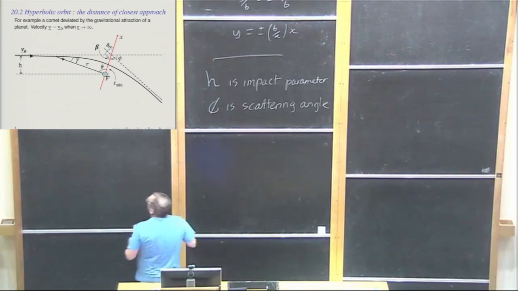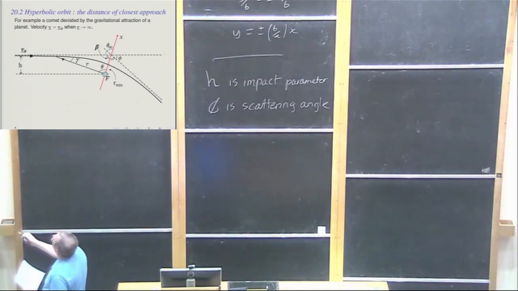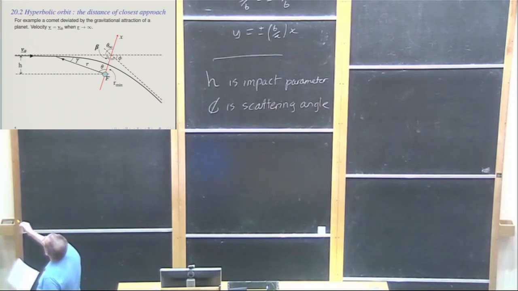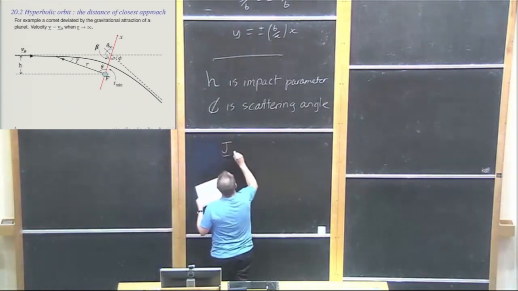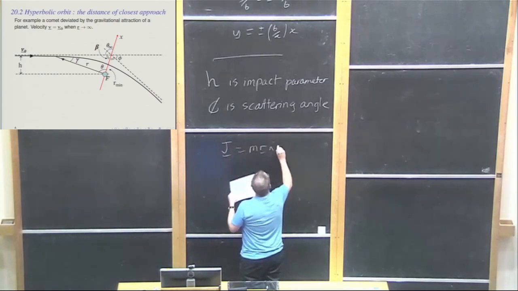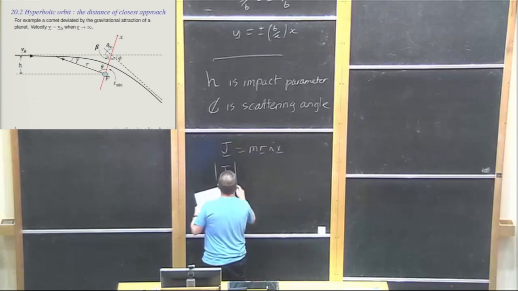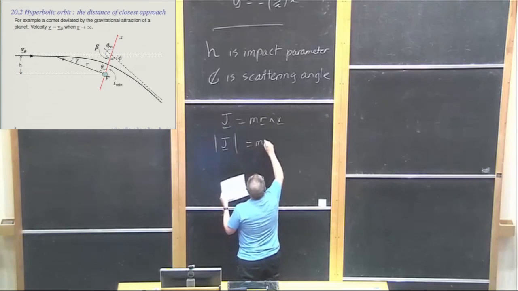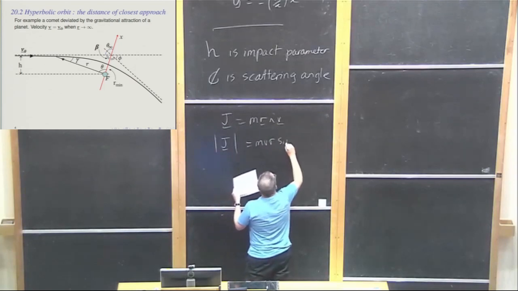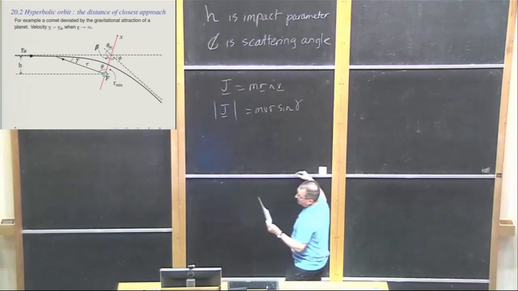So if you imagine this sweeping past here and being undeflected, well, let's just write down J is equal to m r cross v as ever. So the magnitude of J is m v r sine gamma. You see gamma is defined like that.